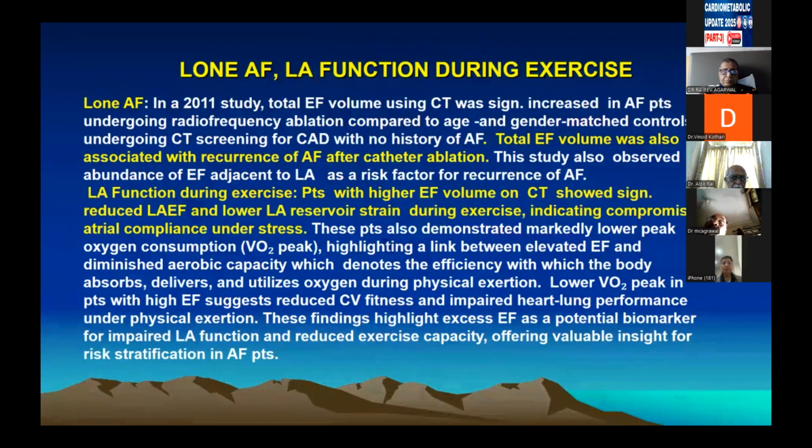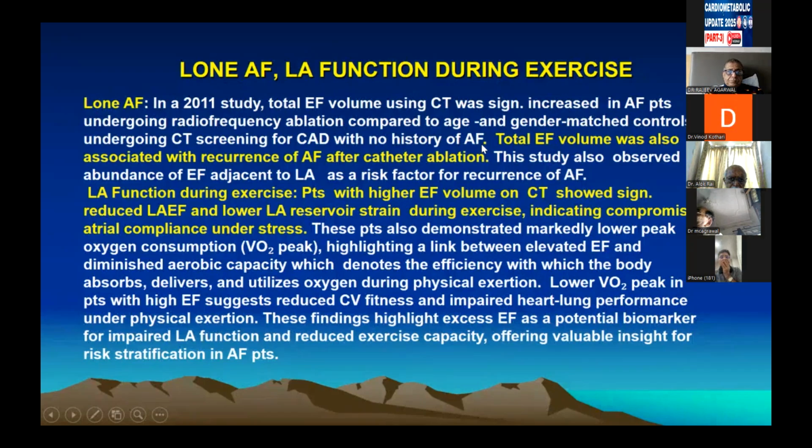There is a study published in 2011 that shows epicardial fat volume is increased in atrial fibrillation patients undergoing radiofrequency ablation compared to age and gender matched controls undergoing CT screening for coronary artery disease with no history of atrial fibrillation.